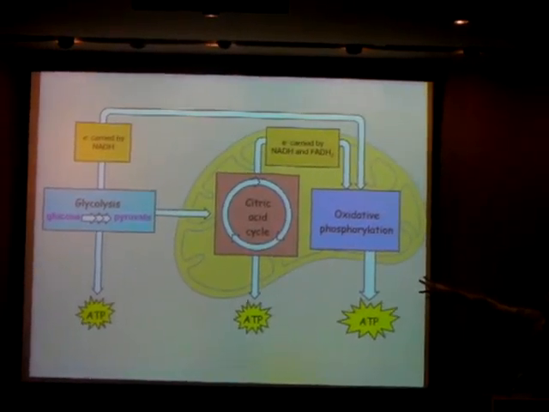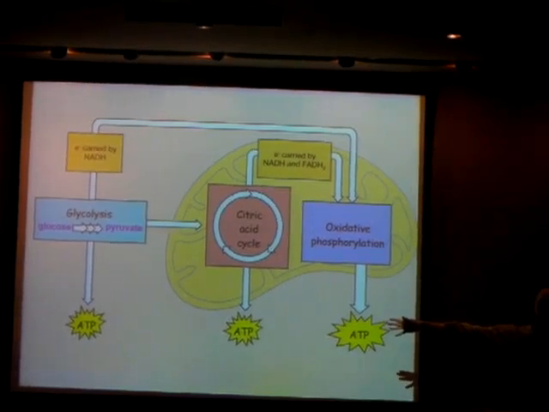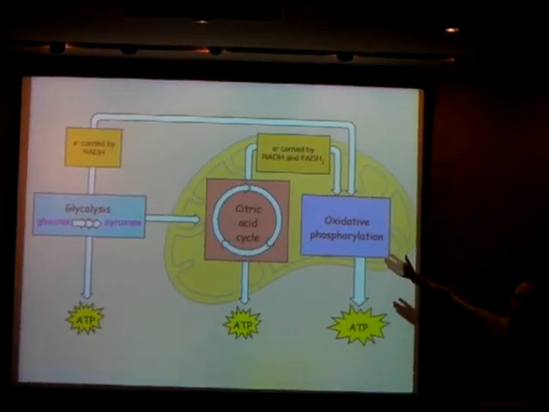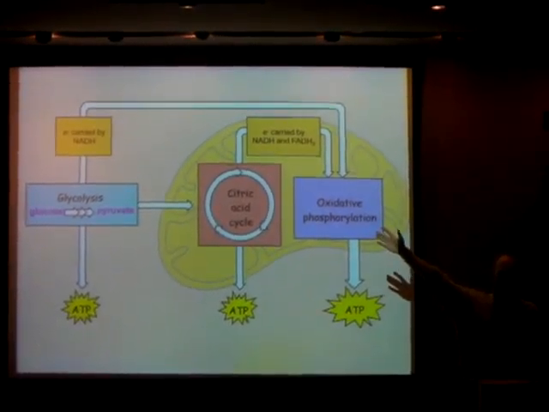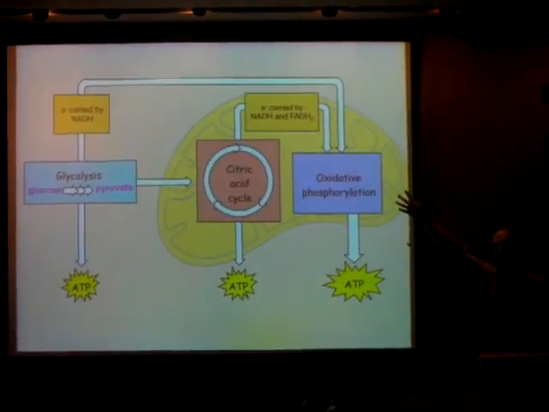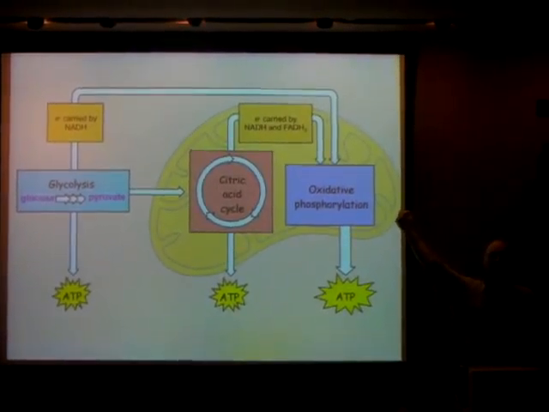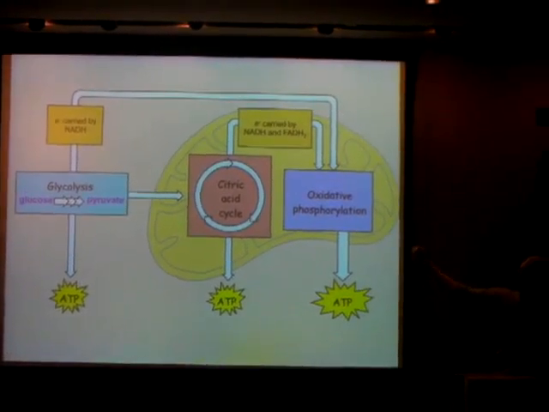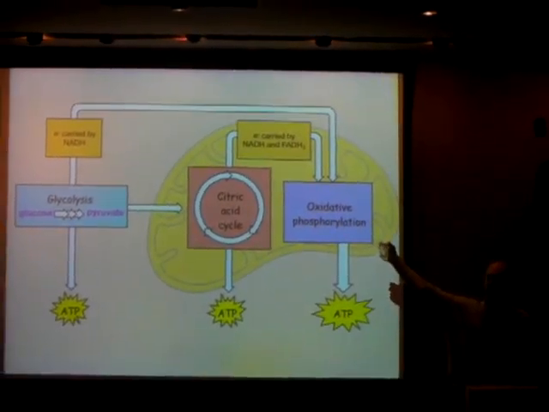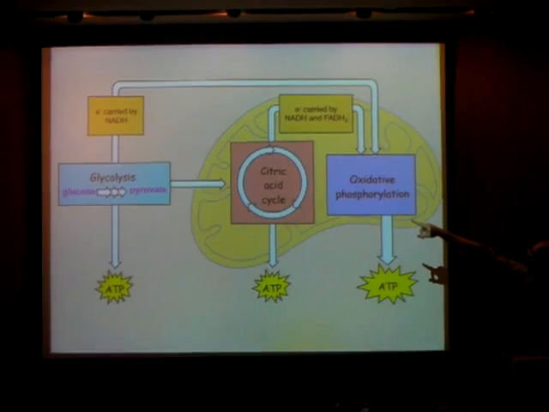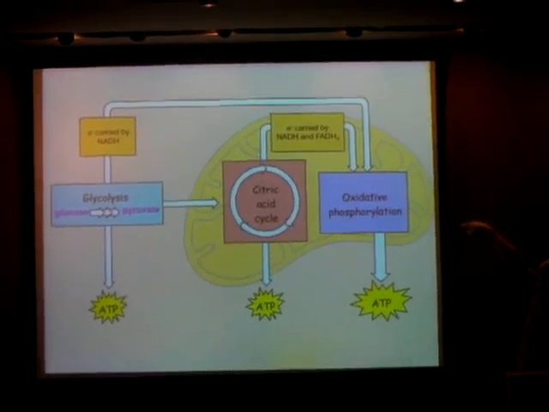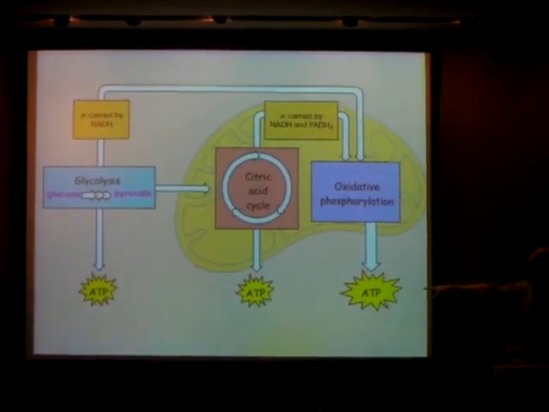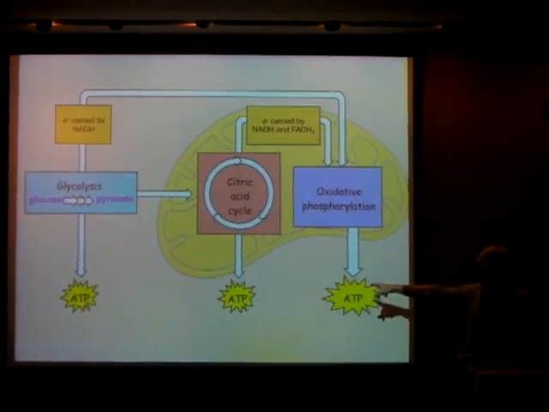And in the process of that, ATP is generated and electrons are released. So the high energy electron states are captured by an oxidizing agent called NAD+, and it's carried as NADH. So those are going to come down into here and help make more ATP.